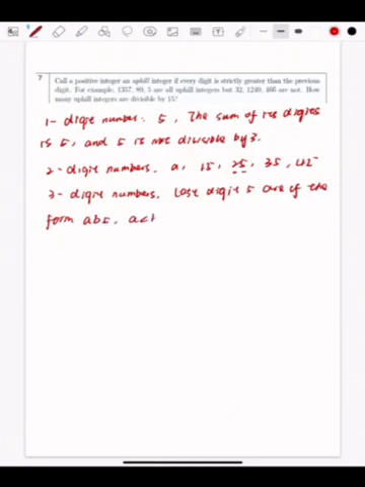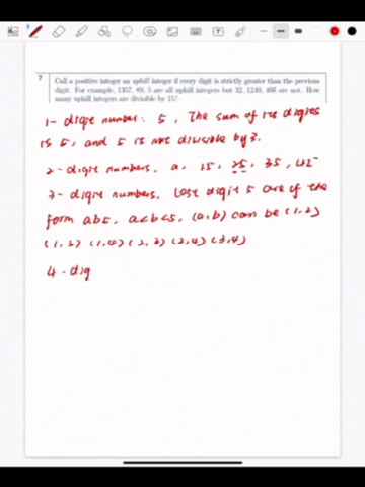Now we know the bigger and smaller conditions are like this, and the possible combinations of AB can be 1 2, 1 3, 1 4, 2 3, 2 4, and 3 4. Okay, and then for every combination, for example 125, the sum of the digits is 8, so it is not divisible by 3. And for every one, we do the same.